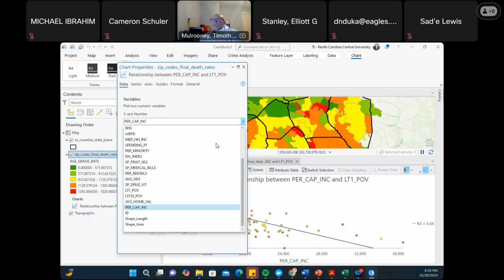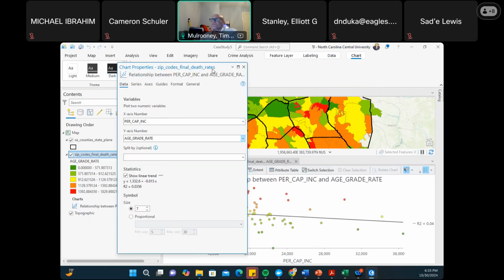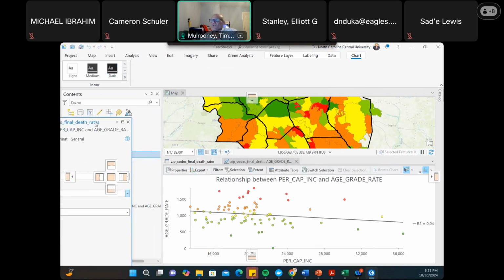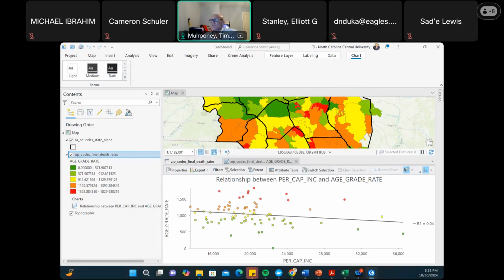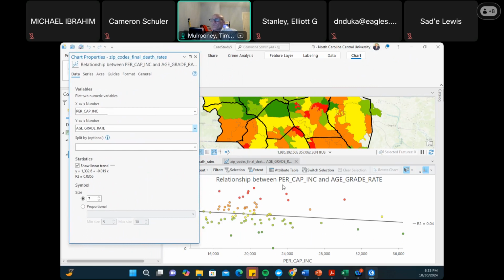So what we can start to do is, hey, instead of my X here, let's see if there's a relationship between, well, we were talking about age-adjusted rates, our age-adjusted cancer mortality death rates, and per capita income. Is there a relationship with these here?